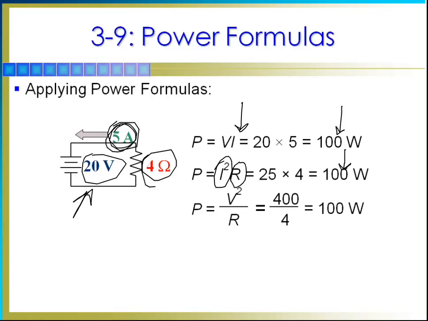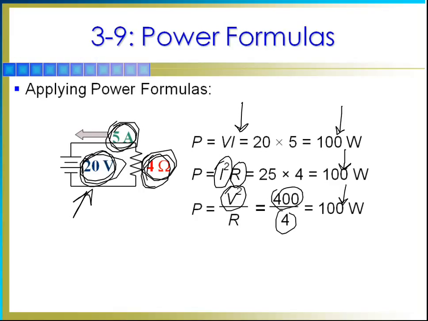I'm not too worried about current because I've got my voltage and I know my resistance. Since I know my voltage and resistance, power equals V squared over R: 20 volts squared, 400, divided by my resistance, 4. Power required is still 100 watts.